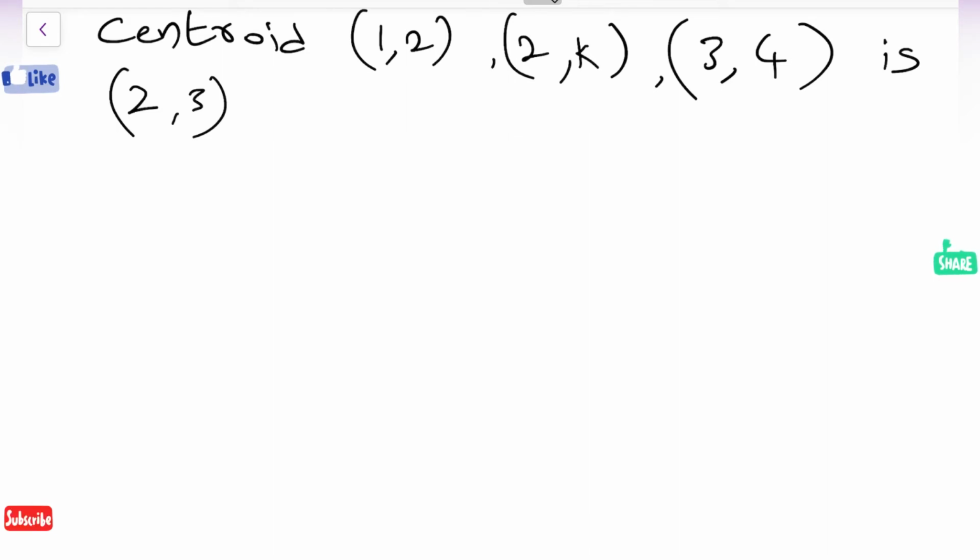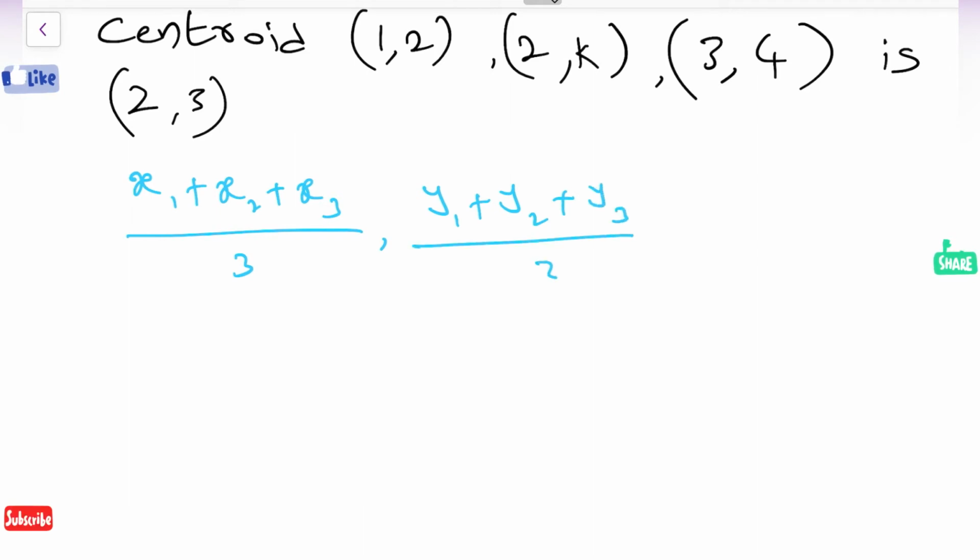The centroid formula we know: x1 plus x2 plus x3 divided by 3 comma y1 plus y2 plus y3 divided by 3.